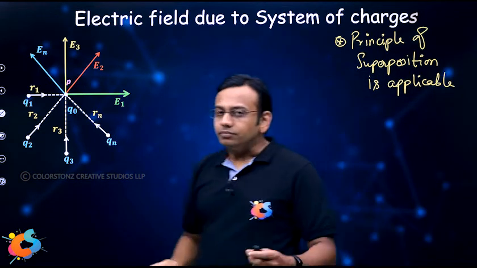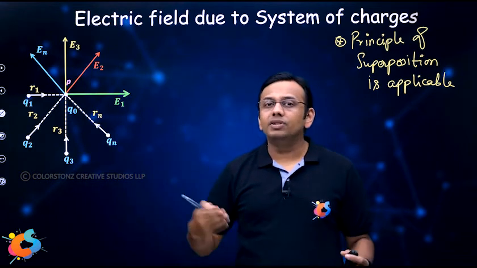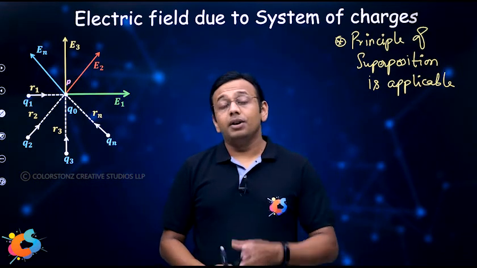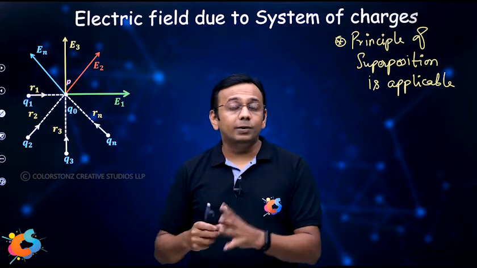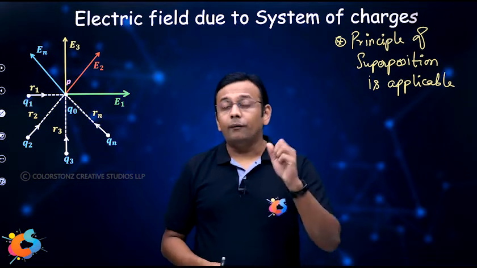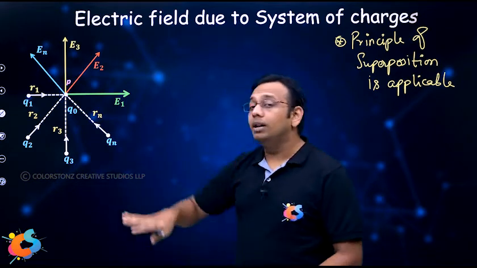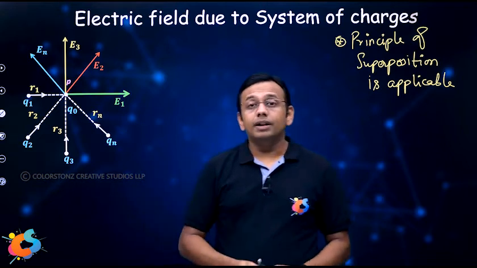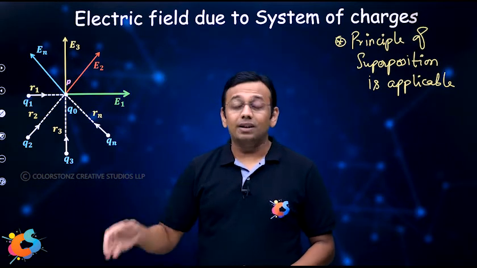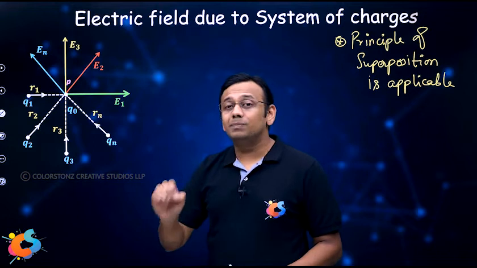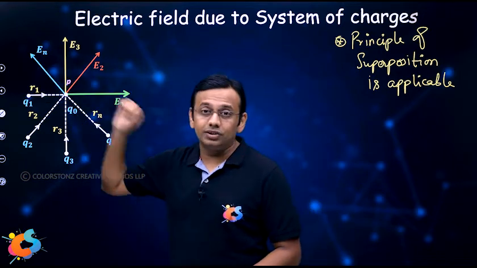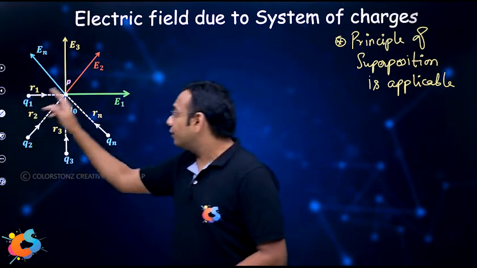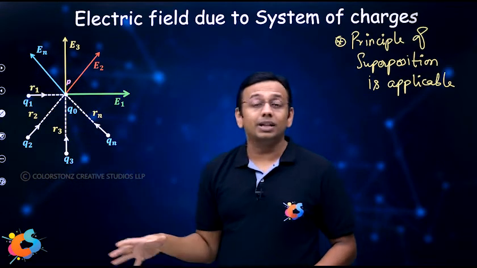All right. So what happens in the principle of superposition? Remember, there are two parts. Firstly, when there are multiple forces involved, the individual force remains the same irrespective of the presence of other charges. So the interaction of Q1 and Q0 is going to remain the same.